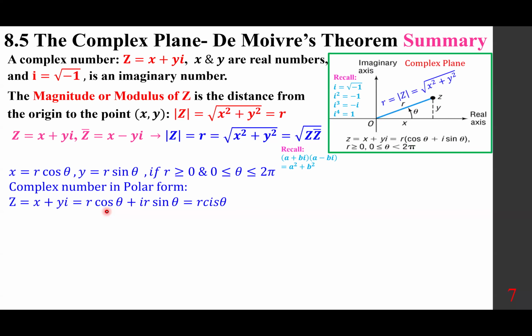Here's a complex plane. We have the x and y. The x will be the real axis and the y will be the imaginary axis. This angle is theta. This is the y, and this is r, or the modulus. r is the square root of x squared plus y squared.